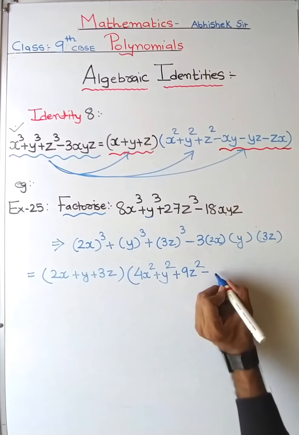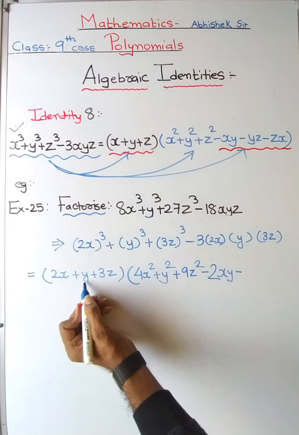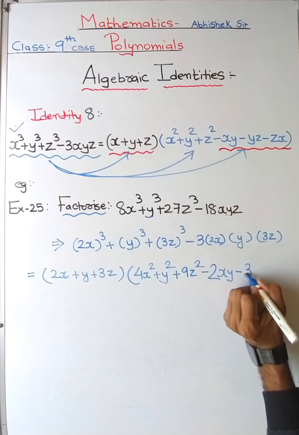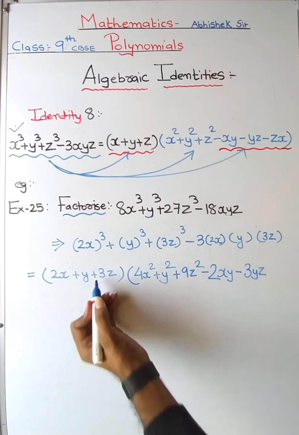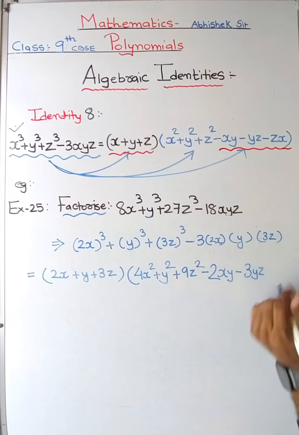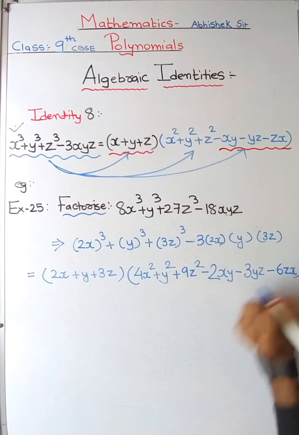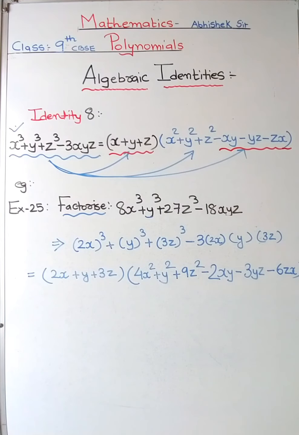So 2x into y becomes 2xy minus y into 3z, 3yz, and 3z into 2x, that is minus 6zx. So this is how we are solving the factorization process of identity 8.